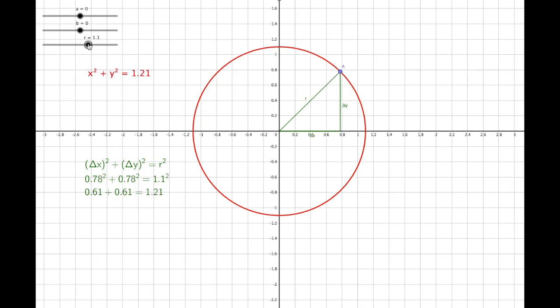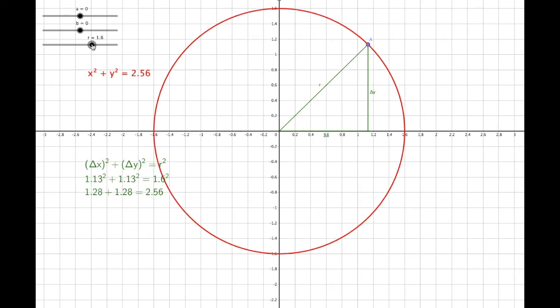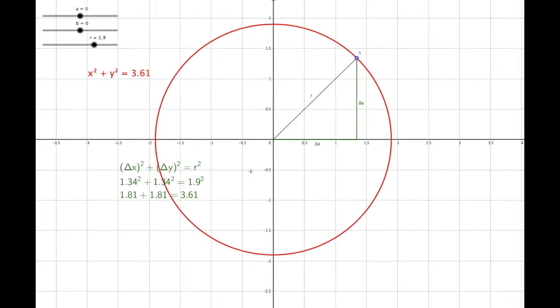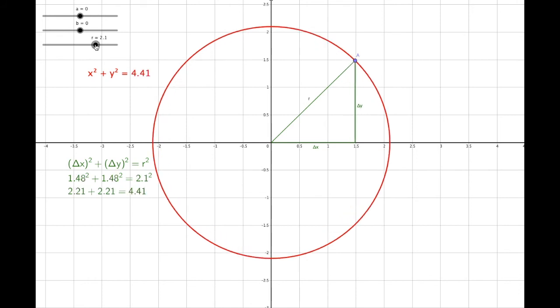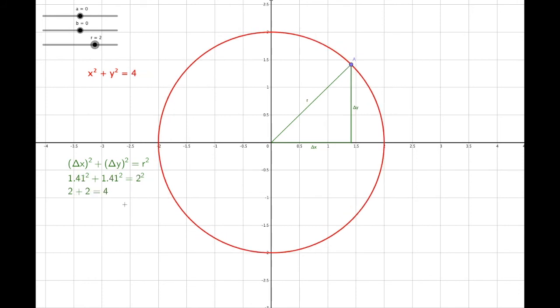So if we make the radius into 2, and then in this position, funnily enough, it's at 45 degrees, so delta x and delta y are the same, square root of 2, so we get square root of 2 squared is 2, and so on, and that works fine as we would expect.